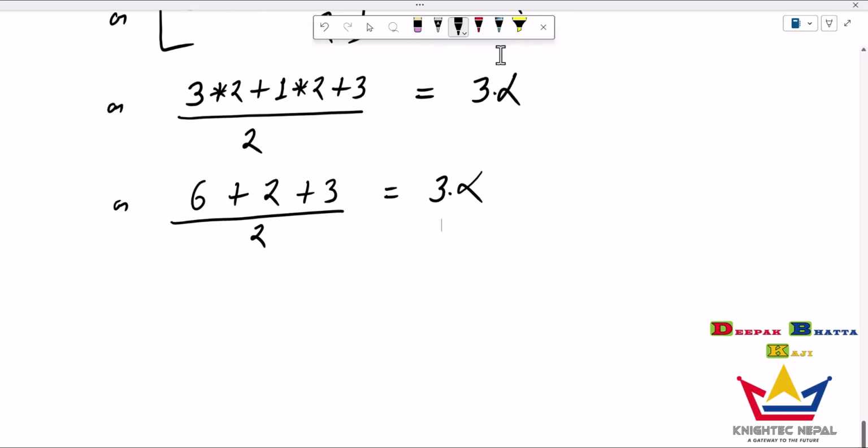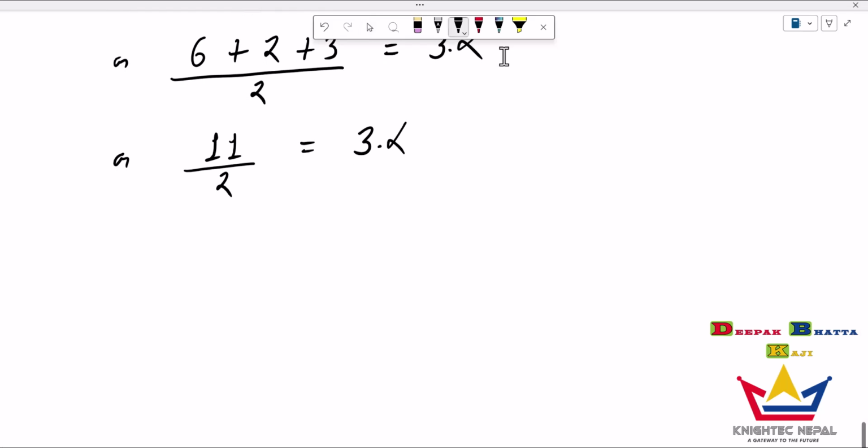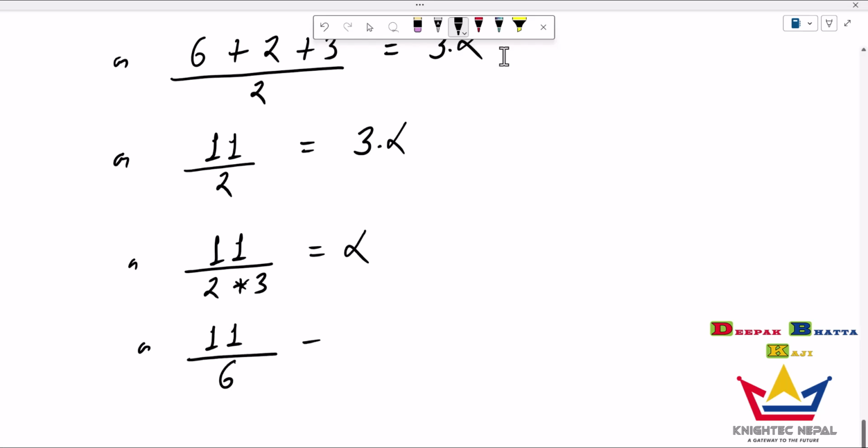So what we will get is, add all, 6 and 2 is 8, 8 and 3 is 11. So 11 divided by 2 equals 3 alpha. Now put this 3 cross multiply, that is 11 divided by 2 into 3 equals alpha, or 11 divided by 6 equals alpha.